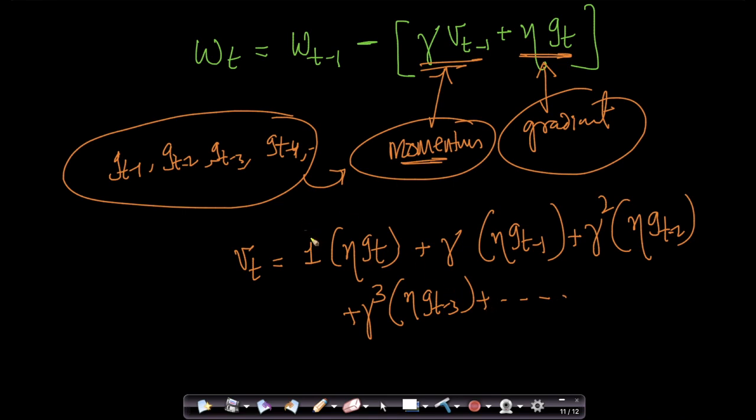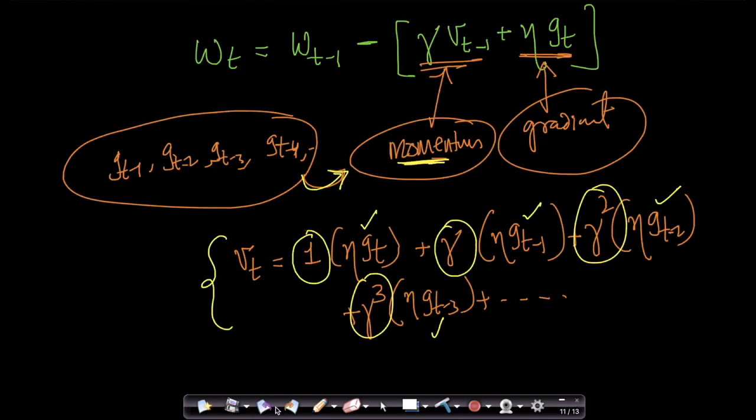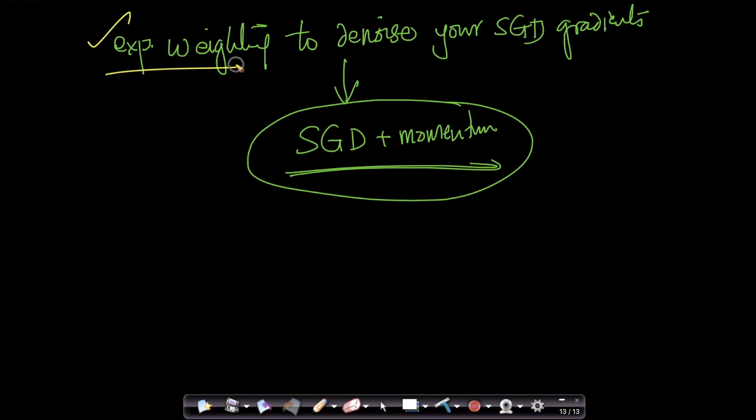You have Gt, Gt minus 1, Gt minus 2, Gt minus 3; all the previous values are here. It's called momentum because you're taking all the previous values to compute it, to gain some momentum, through your exponential weighing. So this is the mathematical part, and why are we doing all of this? The core concept is we are using exponential weighing to denoise our SGD gradients.